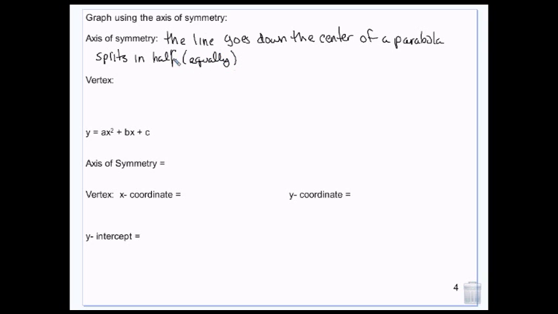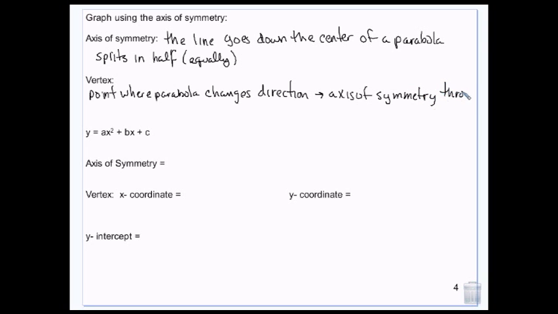Now we already talked about the vertex is the point where the parabola curves or changes direction. And the axis of symmetry is through this line, or through that point.